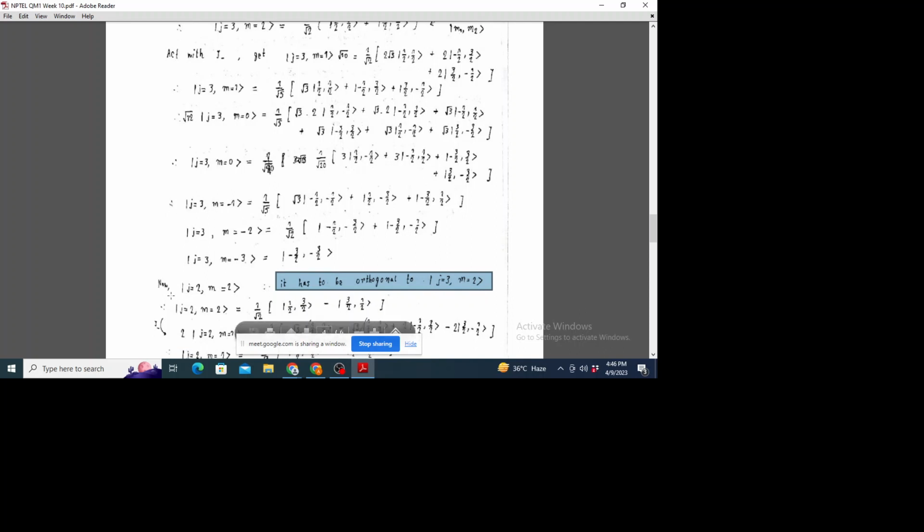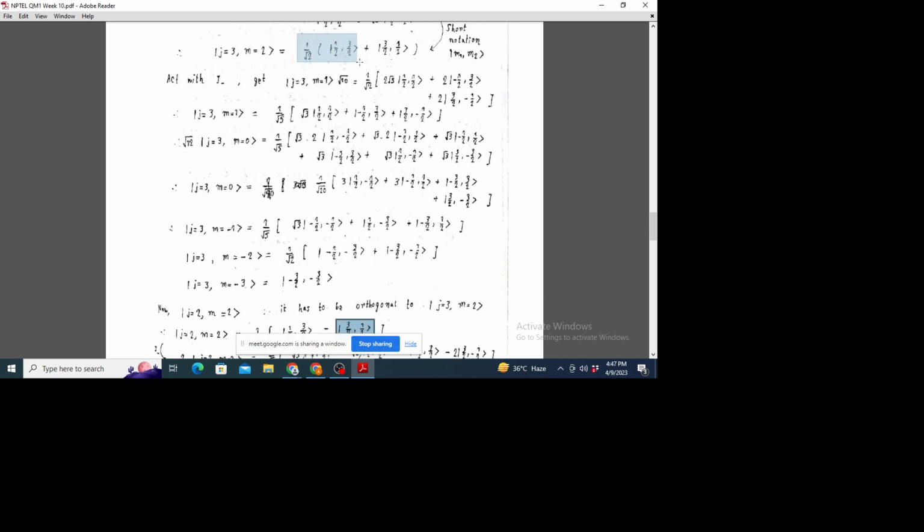And as I said, m equal to 2 is possible only when m1 is half, m2 is 3 by 2, or the opposite. So this will be a linear combination of these, half comma 3 half and 3 half comma half. We have to find a linear combination of these that is orthogonal to this state.